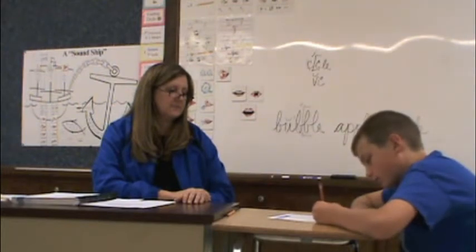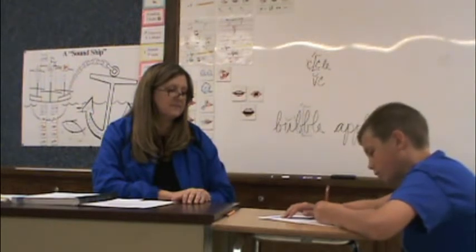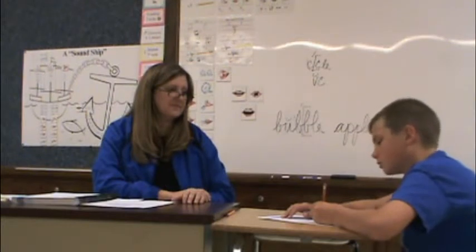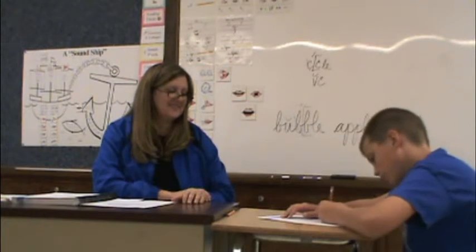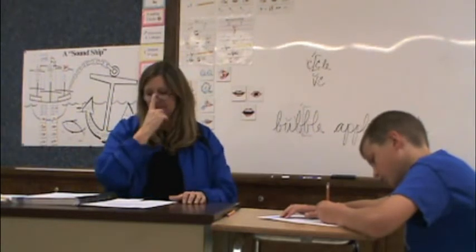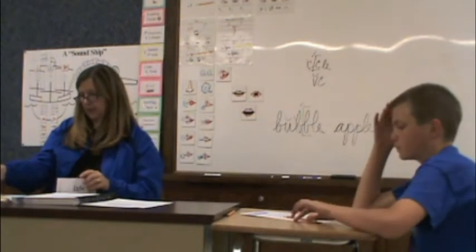Half bracket, accent first syllable, mark out silent letters, close syllable short vowel brief, hassle. Half bracket, accent first syllable, mark out silent letters, close syllable short vowel brief, smuggle. Half bracket, accent first syllable, mark out silent letters, close syllable short vowel brief, muffler. Good. That's really good. You did a great job.